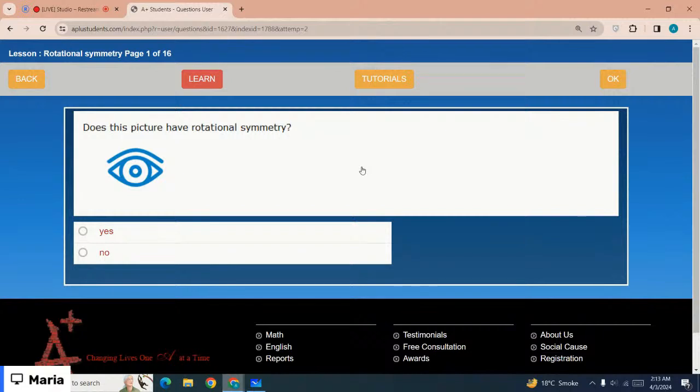Does this picture have a rotational symmetry, which is the correct option? The correct option is no, right?